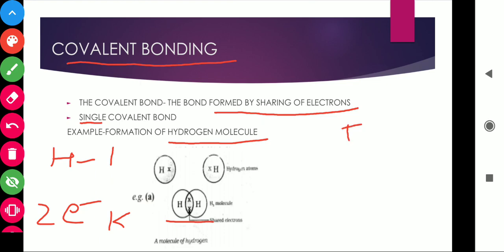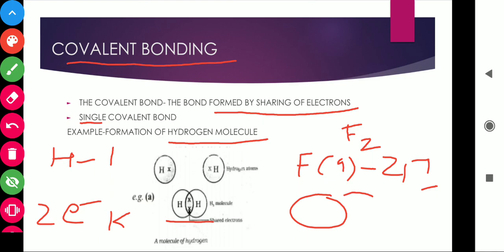Let's discuss the fluorine molecule, F2. F, 9, means 2, 7. It also requires only a single electron to complete its octet. Hence, 1 electron gets shared by each fluorine. 1 electron is shared and F2 is formed.